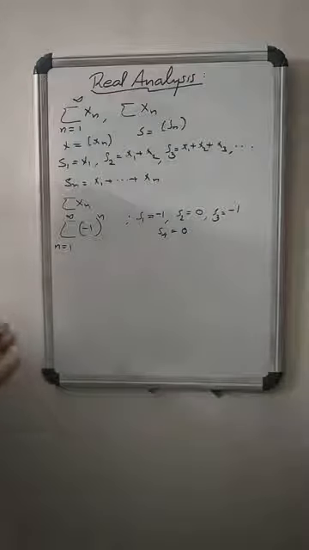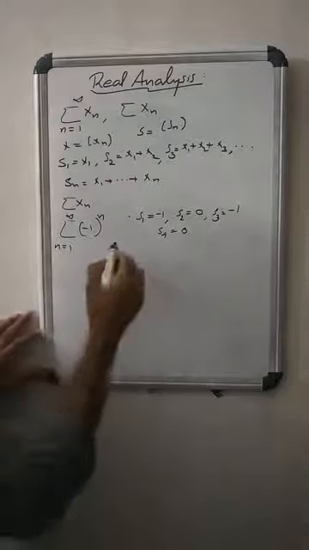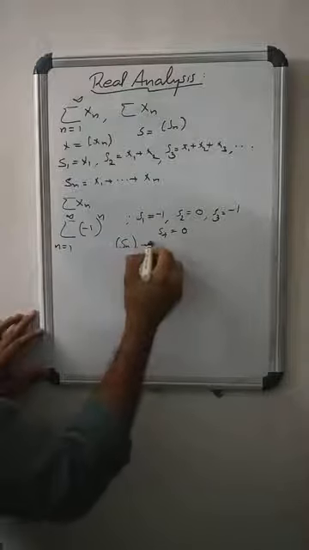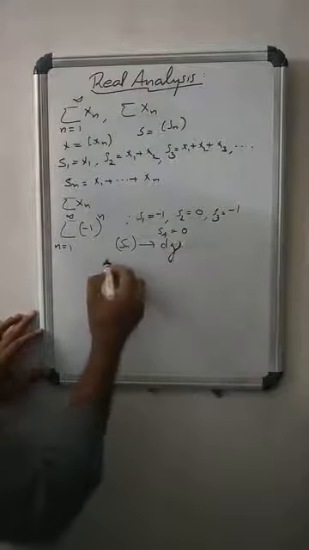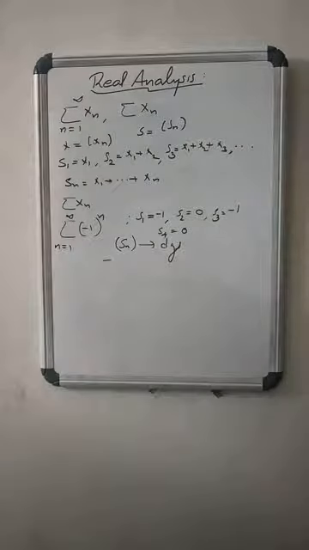Clearly, the partial sum does not converge. Means the partial sum Sn of this given series diverges, so the given series also diverges.